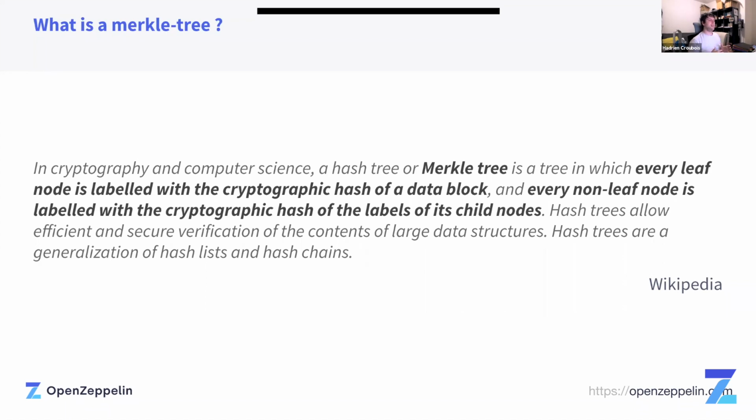The idea is that it's just a tree, a binary tree, or it could be non-binary, but in most cases it's a binary tree. And the important characteristic is that every leaf is labeled with a cryptographic hash of some data block. And every non-leaf node, so every internal node of the tree, is also labeled with a cryptographic hash, but that is constructed by hashing the labels of the children.